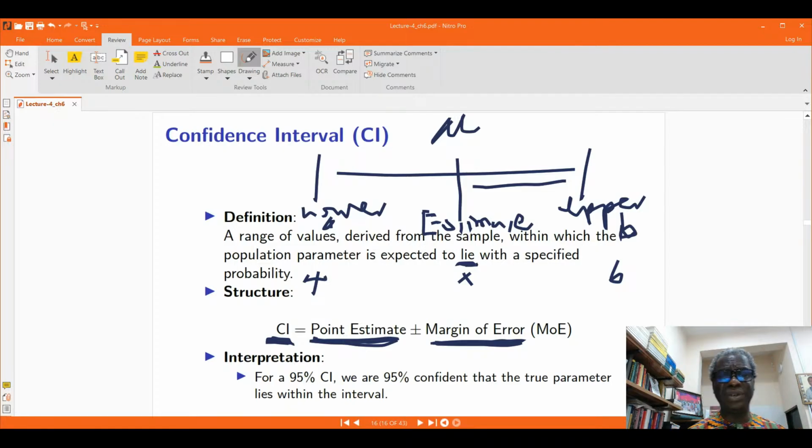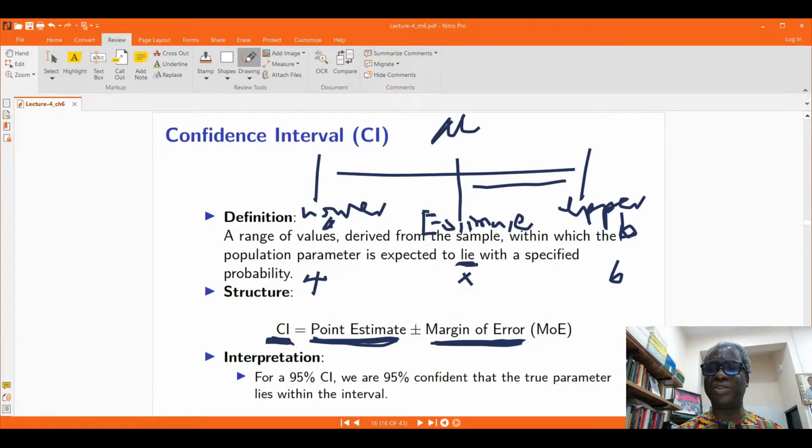How do we interpret it? We have discussed that before, the interpretation of the confidence interval. For instance, if you have a 95% confidence interval, let's say you are interested in income.